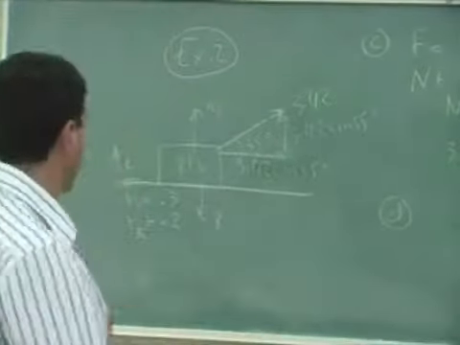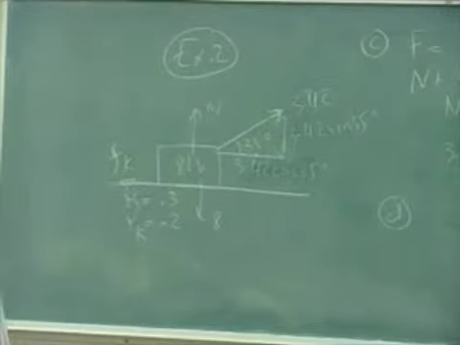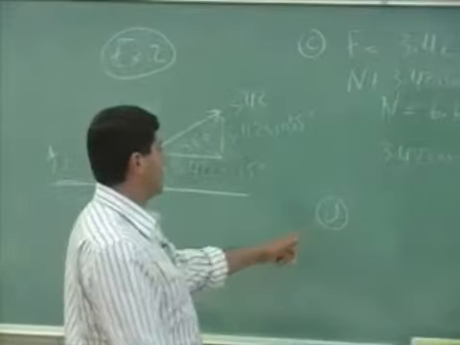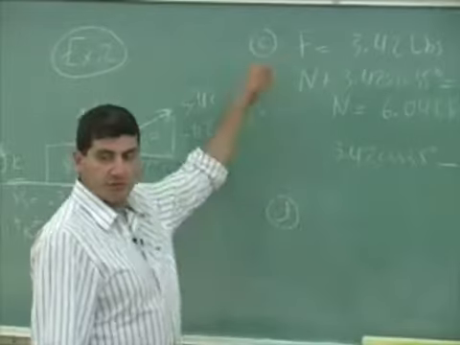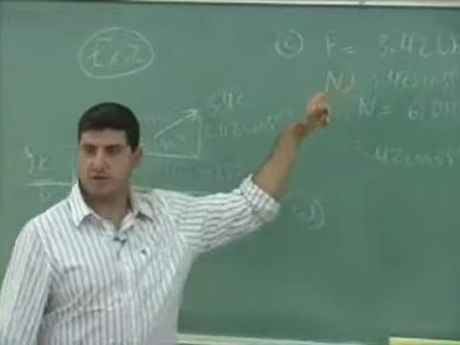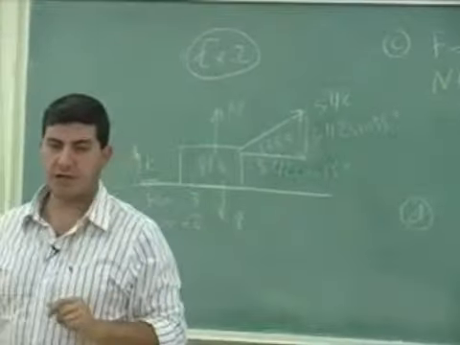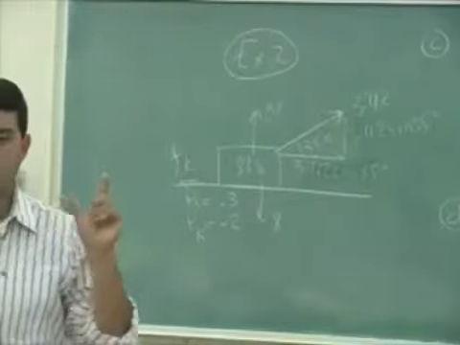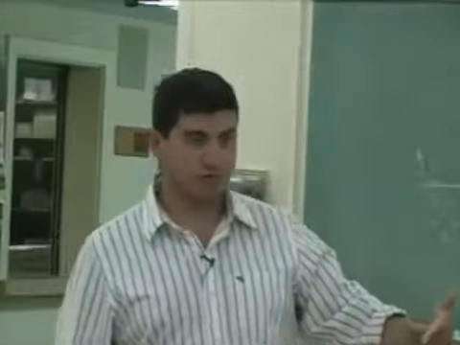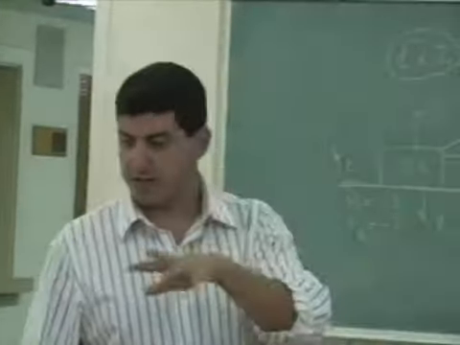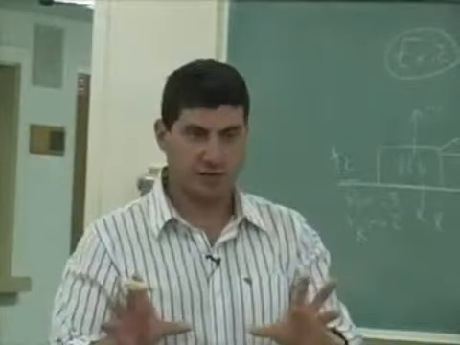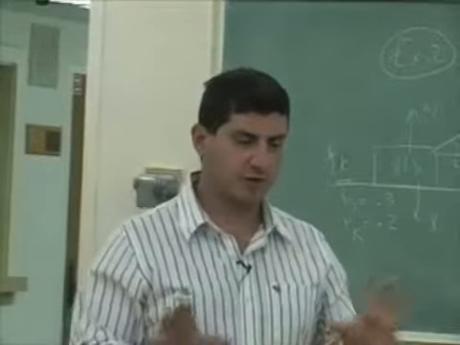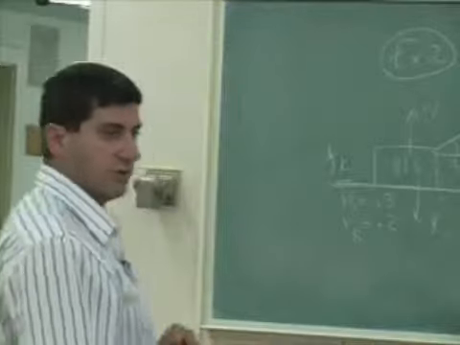Okay? Now, for that one, what we could do is use the same formula that we had derived in part B. Remember, in part B, it had asked us, what is the force that we need to make it move. And we did that the other day, and we came up with a formula. What was that formula for the force that you need to make it move?